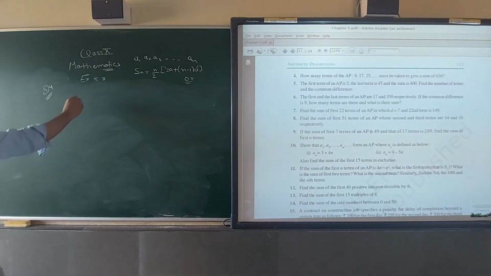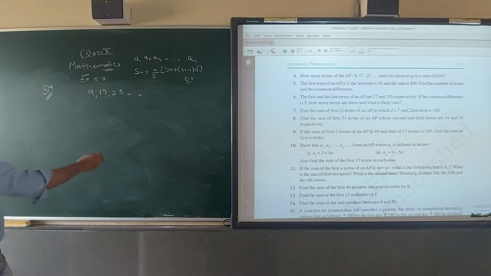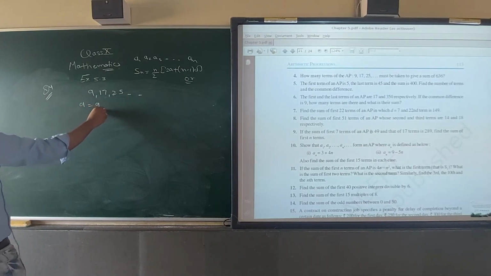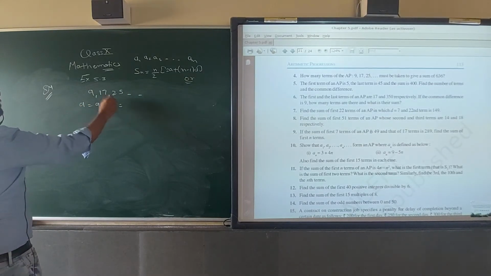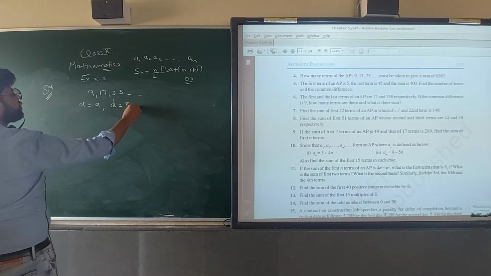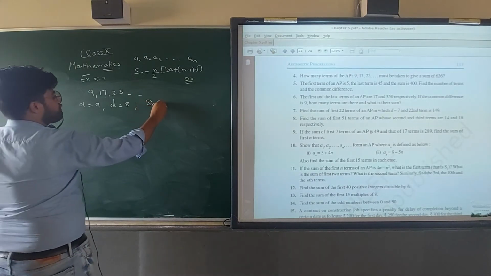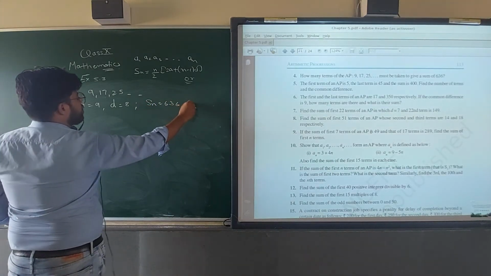AP is given, 9, 17, 25. Okay, a is given 9. d is 17 minus 9, 8. Then sum is given 636. We have to find the value of n.